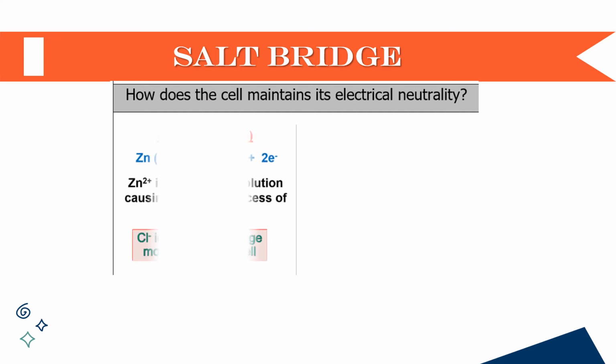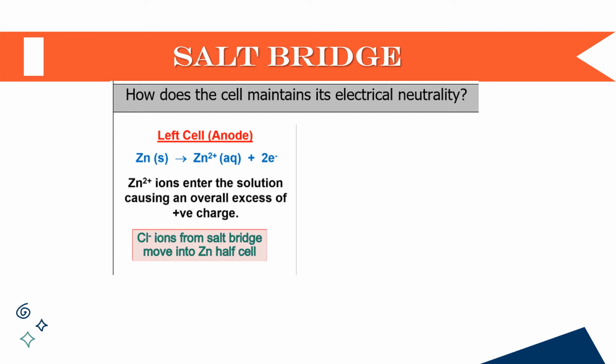Let's take a look one by one. On the left cell, our anode, this will be the reaction that occurs: zinc solid produces zinc 2 plus and 2 electrons. What happened?